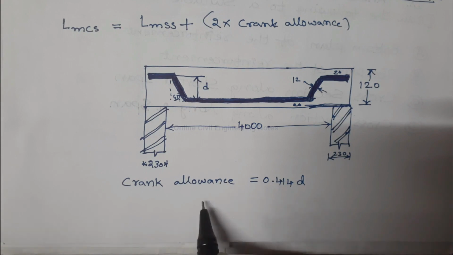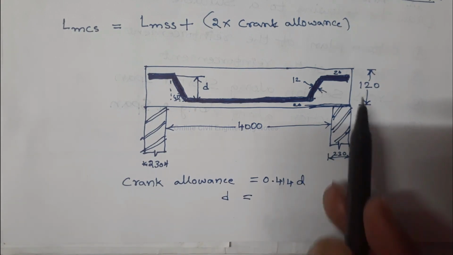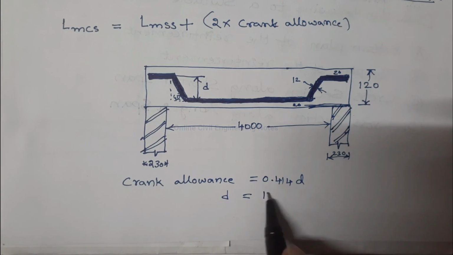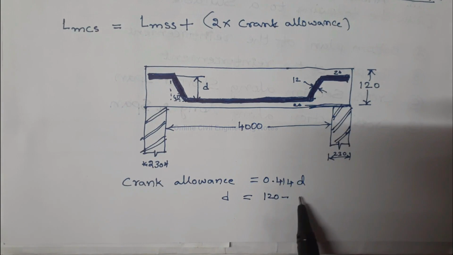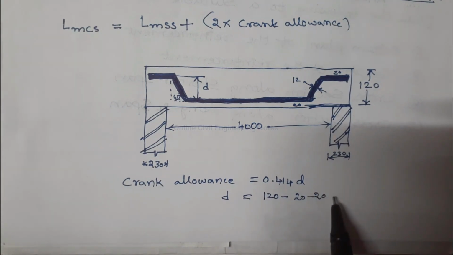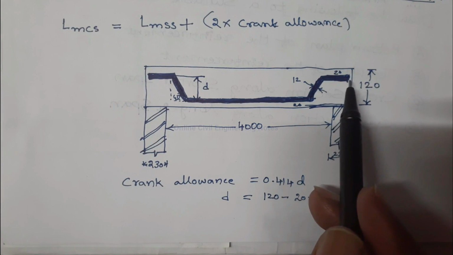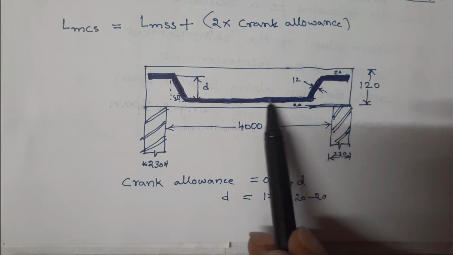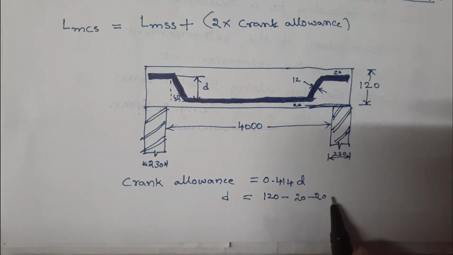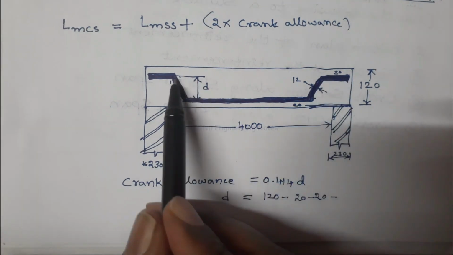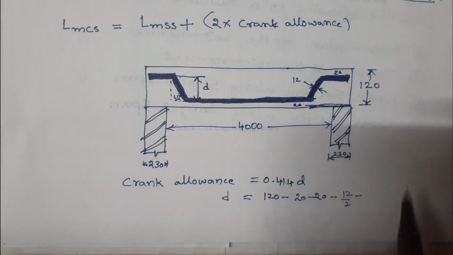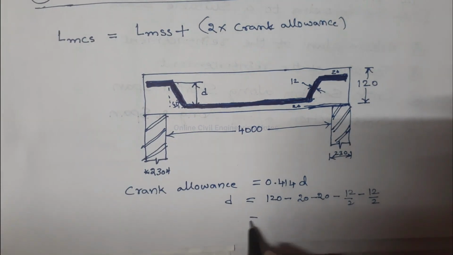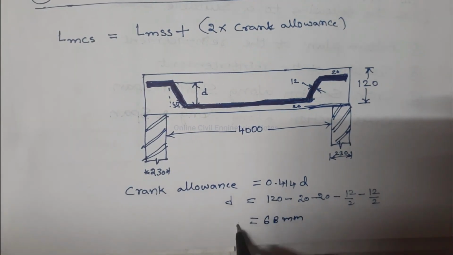Here D is equal to overall depth 120 minus top cover minus bottom cover, minus 20, and minus dia by 2. So diameter of cranked bar is 12 mm minus dia by 2 minus dia by 2 is equal to 68 mm.